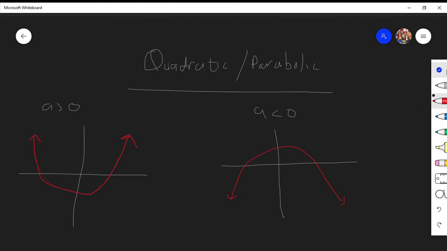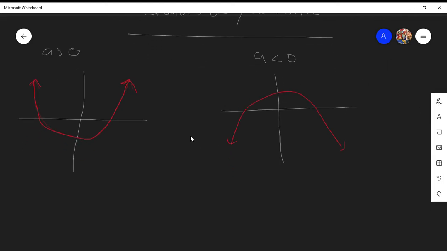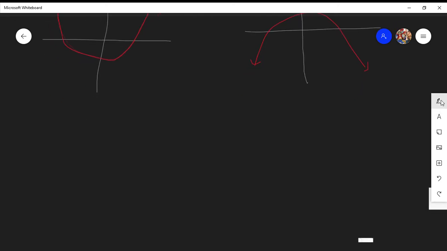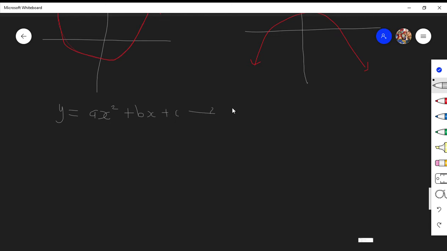Okay, so when dealing with a quadratic function, we've actually got 3 basic formulas or forms that we can use. So the first one is y is equal to ax squared plus bx plus c, which is the standard form.